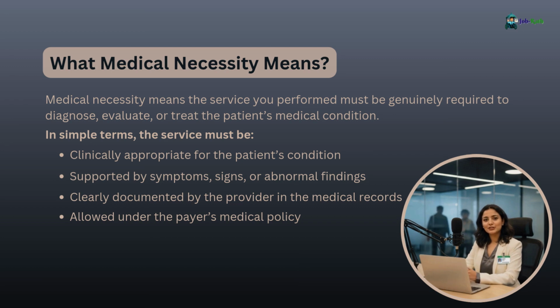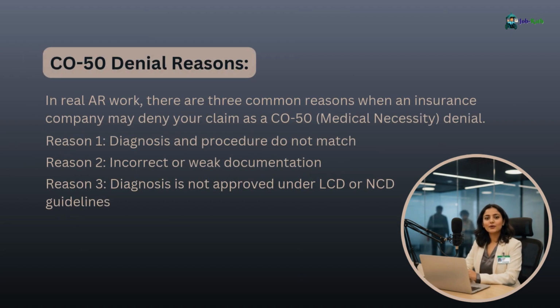In this situation, the insurance company denies patient 1's claim as a CO-50 denial because the ECG was performed without supporting symptoms and does not meet medical necessity requirements. However, patient 2's claim is payable because the ECG is clearly supported by documented symptoms and meets the payer's medical necessity guidelines.